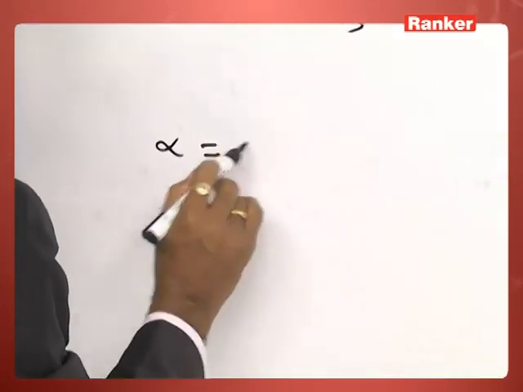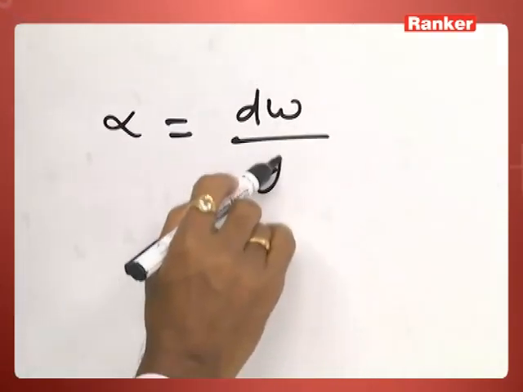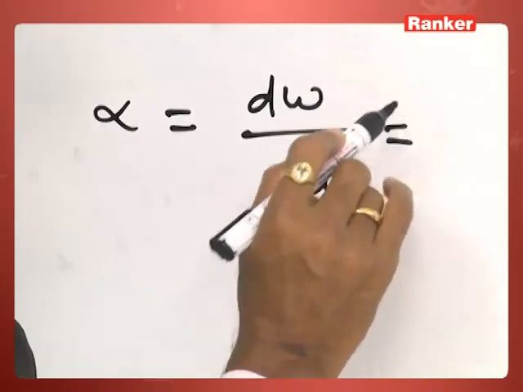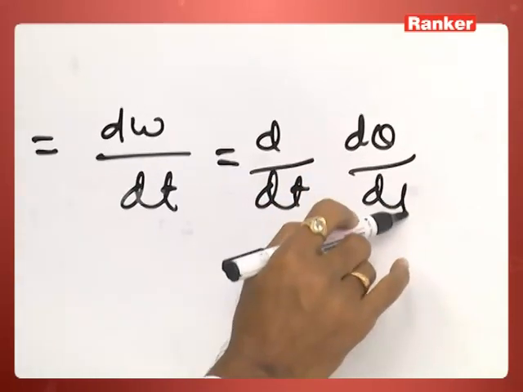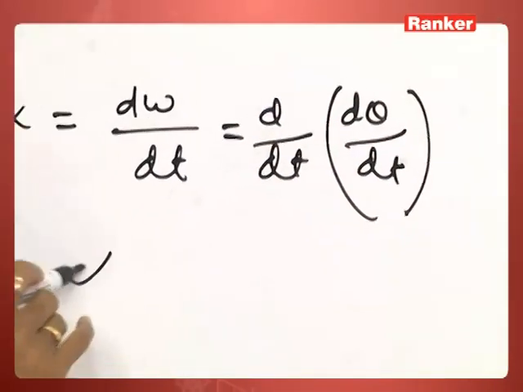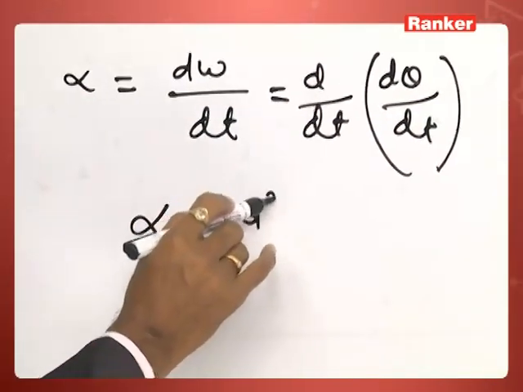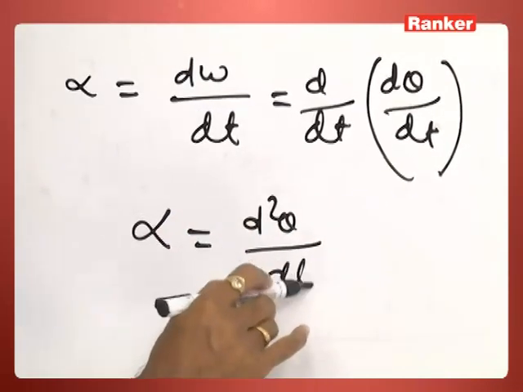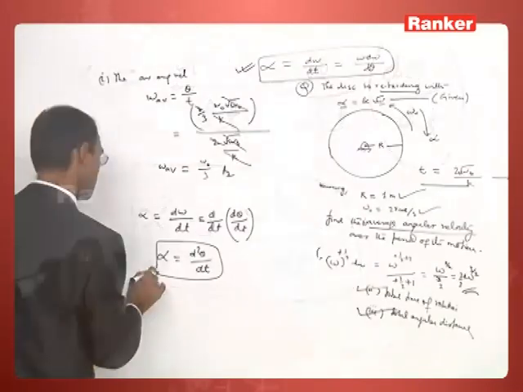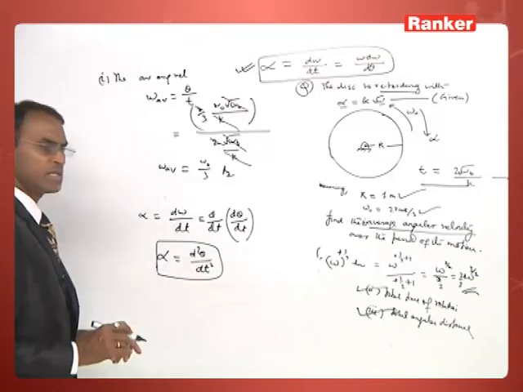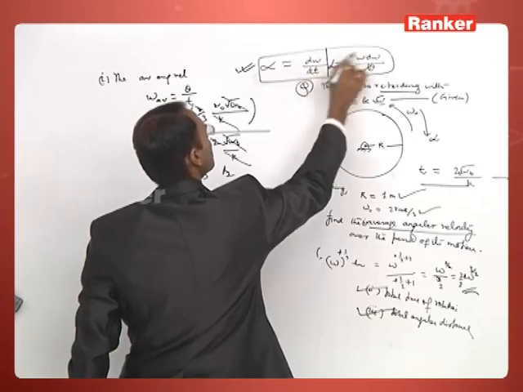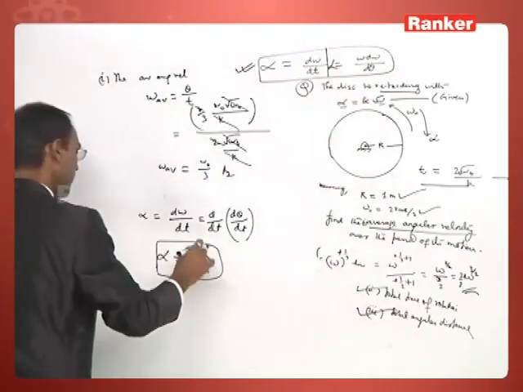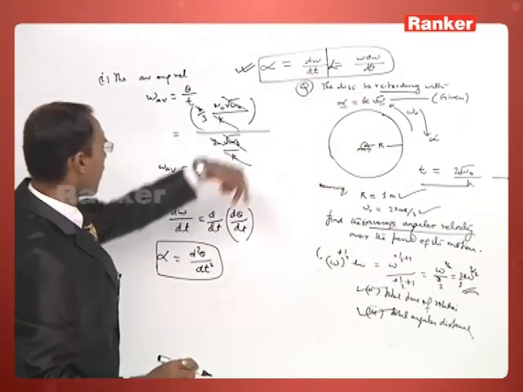Alpha is equal to d omega by dt, and we know that omega is again d theta by dt. Therefore, alpha can be written as the double derivative of the angular distance, d square theta by dt square. So we have one expression for alpha, a second expression for alpha, and a third expression. Let us recap all these expressions now.